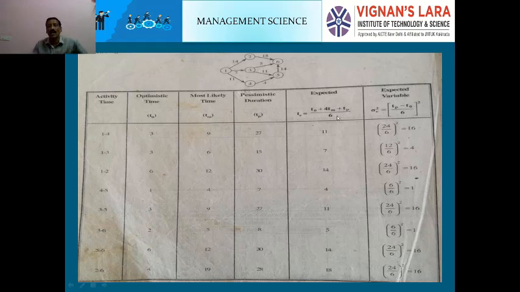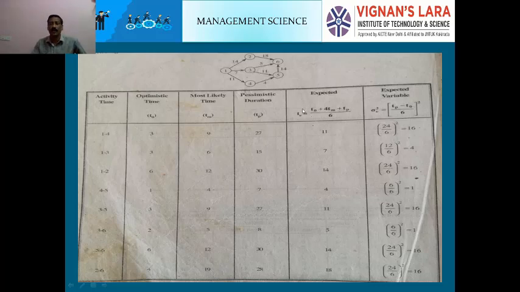This is the formula. Here TO 3 plus 4 times TM 9 plus TP 27, divided by 6. Output is 11. Like this, all are calculated and the value is put in here. For example, 1-4, how much is there? 11. 11 is obtained with the help of this formula.